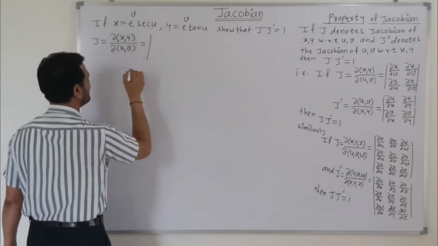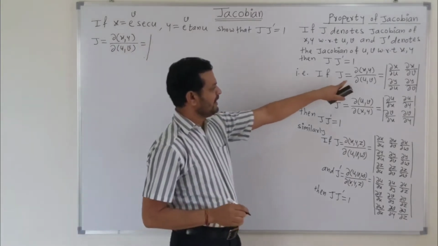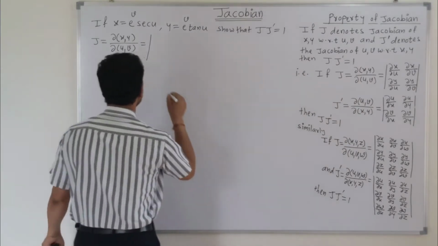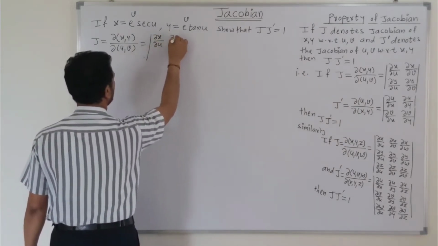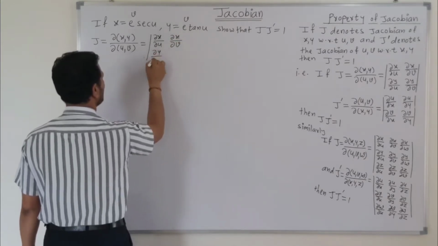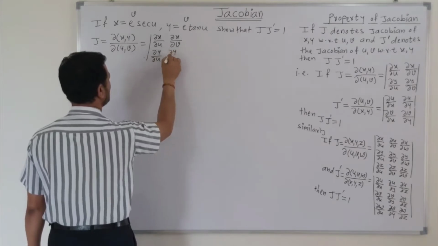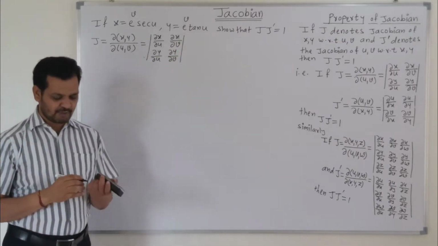According to the definition, we can write the Jacobian of x, y with respect to u, v as the determinant of the partial derivative of x with respect to u, the partial derivative of x with respect to v, similarly the partial derivative of y with respect to u, and the partial derivative of y with respect to v. So this is the definition of Jacobian.